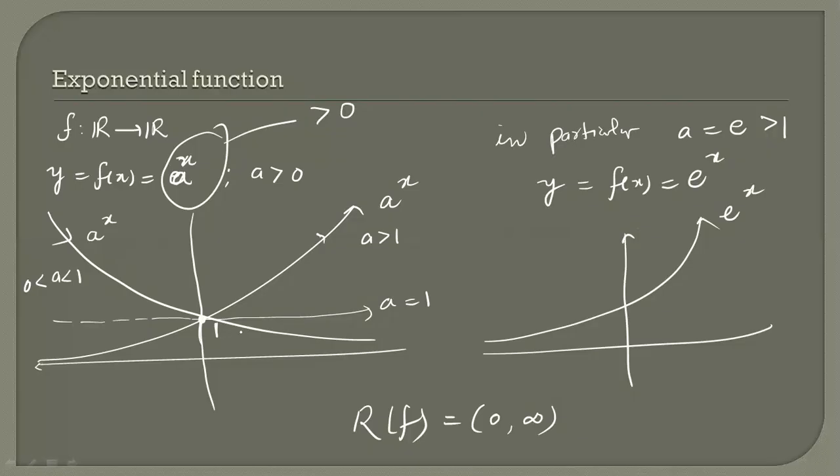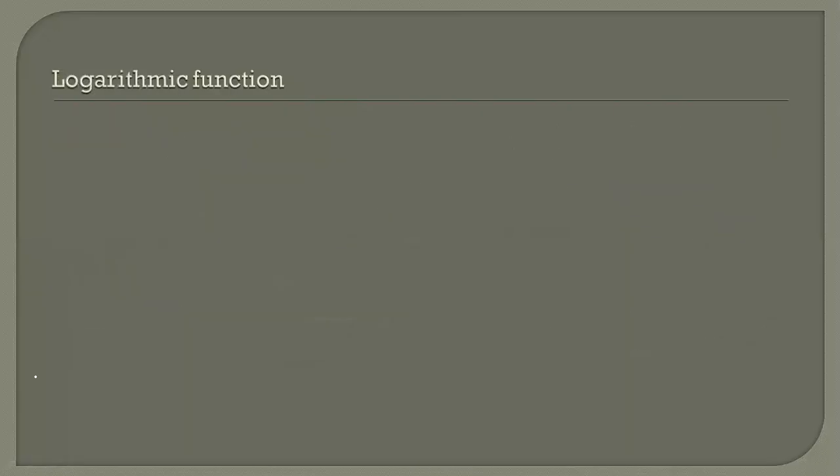Next, I am taking another function, the logarithmic function. If we take a function from R plus, 0 excluded, to real numbers, then a function f(x) equal to log x is called a logarithmic function. Here I am putting some conditions. This is called the place, and this is called the base.